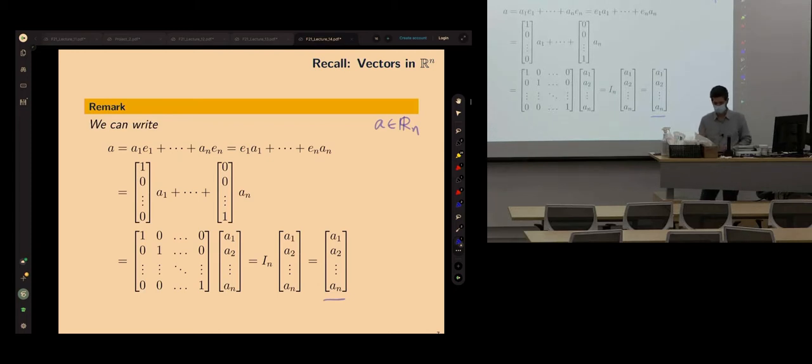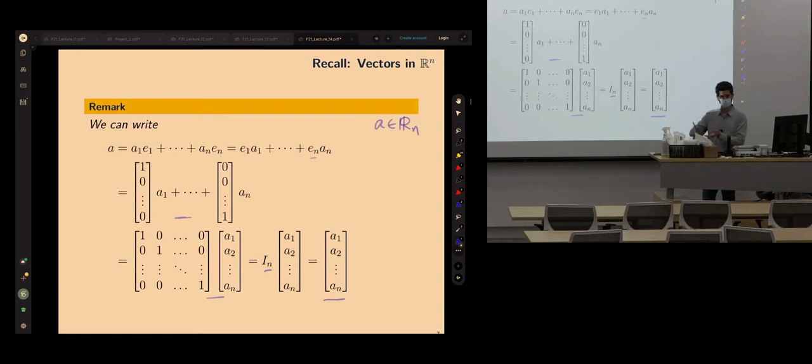Now, we said that we can also write it as linear combinations of E1 to En, the columns of the identity matrix. And then when we do vector times a scalar multiplication, or matrix times vector here, which is the result of the linear combination we have in this line, it looks like the identity matrix times our vector, and then it gives us the same vector.